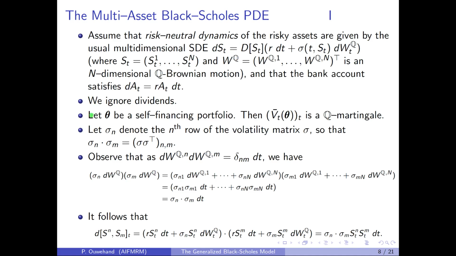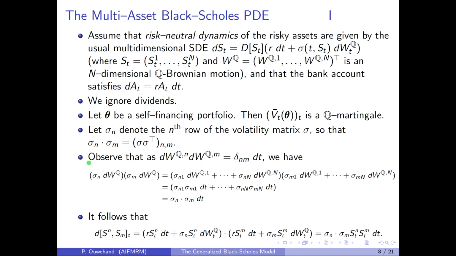Suppose now that theta is a self-financing portfolio. We've seen that in that case, the discounted value process of that portfolio is a Q martingale. Now let sigma_n denote the nth row of the volatility matrix sigma, in which case sigma_n dot sigma_m, a dot product, is the same as the nm component of sigma times sigma transpose.